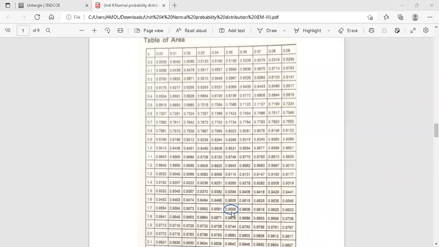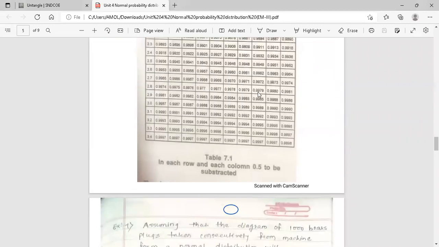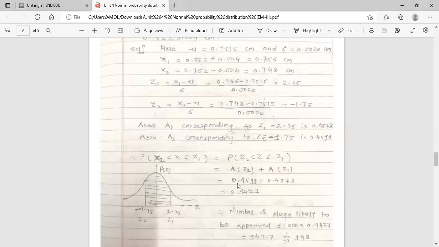Now subtract 0.5 from this value 0.9599, because it is mentioned in the table that in each row and column you subtract 0.5. If we subtract 0.5 from that value, then we have the area 0.4599, plus the area of Z1. What is Z1? Z1 is 2.25.